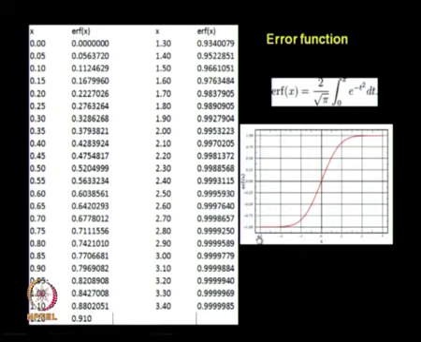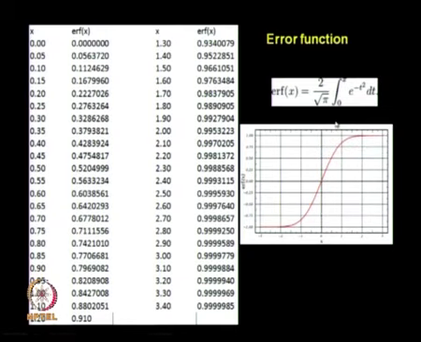When we move x, that is whatever the term inside the parenthesis, from a negative value to the positive value. If we consider only the positive range for x, that means x varying from 0, 1, 2, 3 and so on, the error function of this particular x will start from 0, it will rise and then it will saturate at the value of 1.